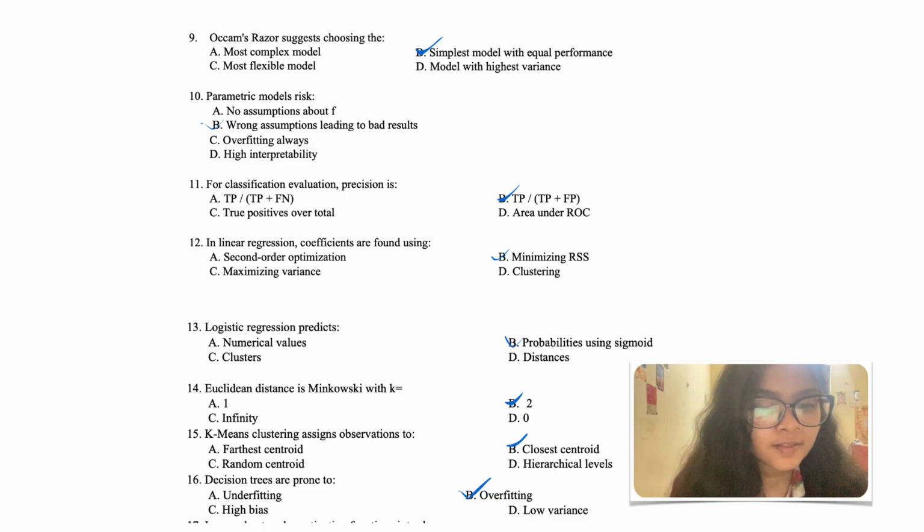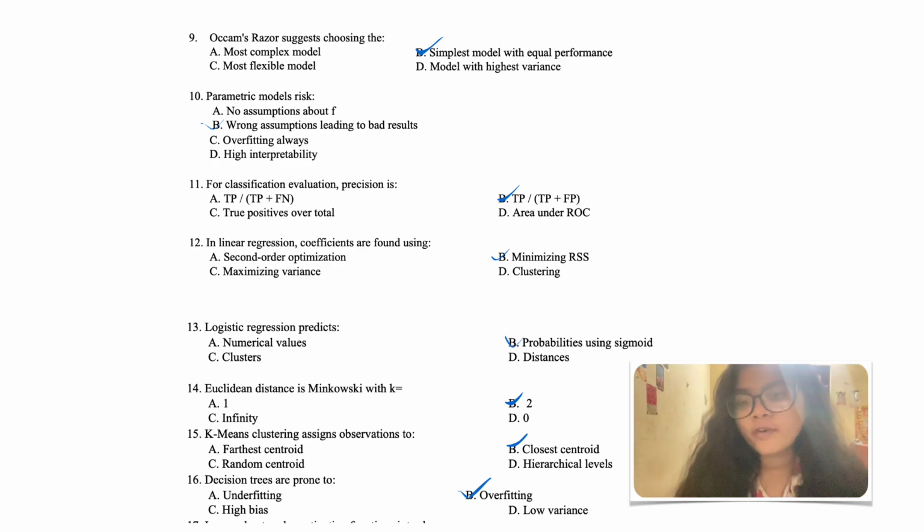K means clustering assigns observation to the closest centroid. In K means clustering, we randomly select centroids and assign the nearby points to the nearest centroid, and we keep repeating these steps until the assignment of points becomes identical, or you can say there's not much change.